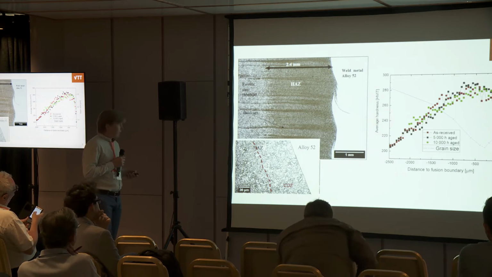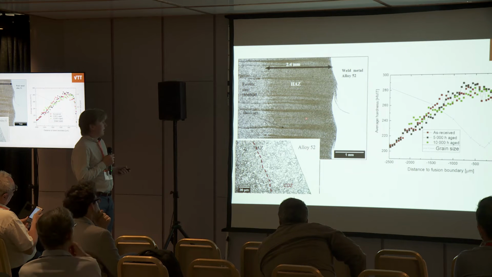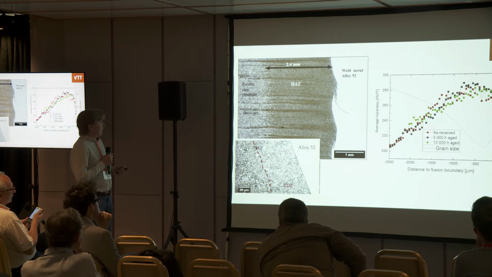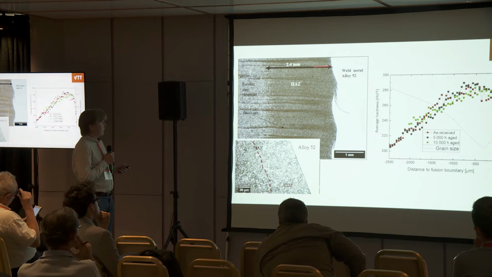More closely, we are going to focus on the low alloy steel side, very close to the fusion boundary. That's where we place the cracks. So the heat affected zone in total is 2.4 millimeters wide.